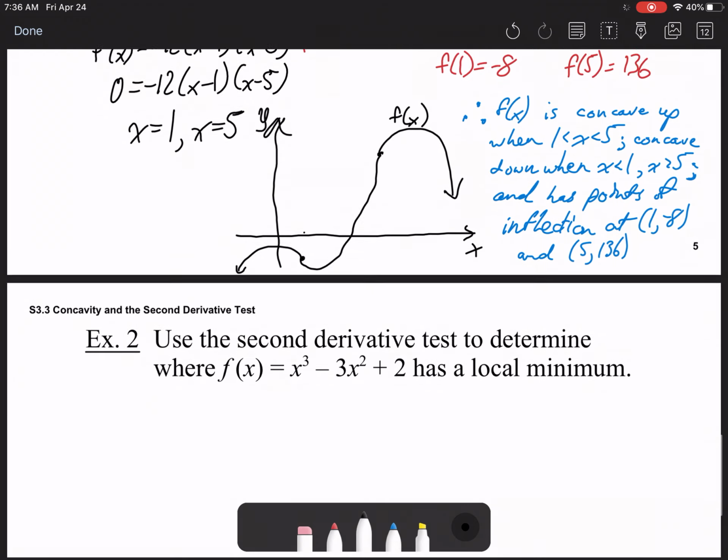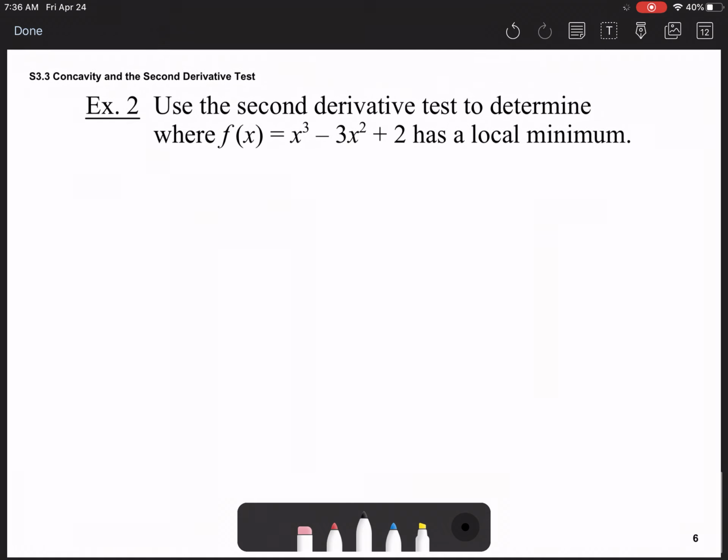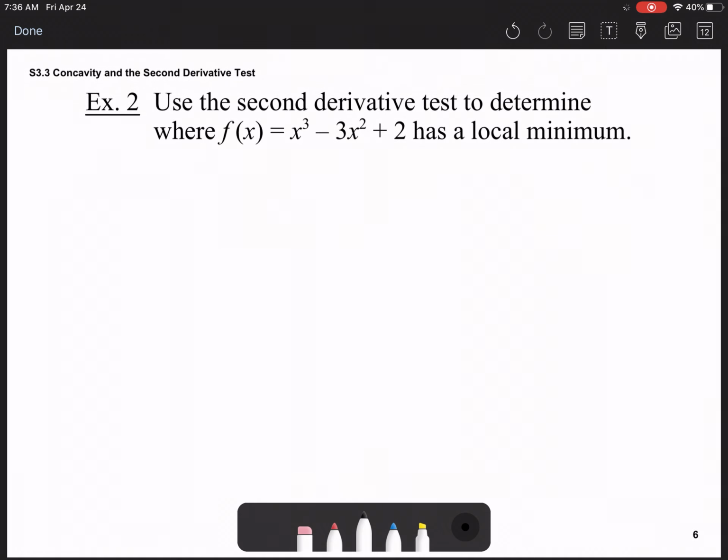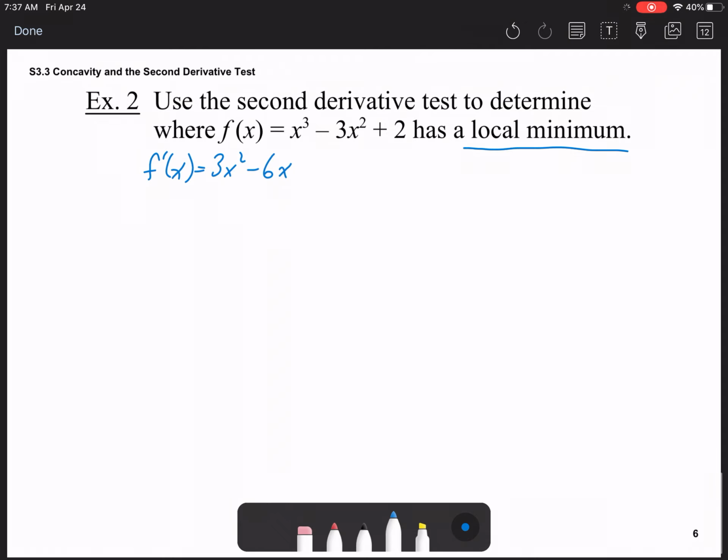Okay, moving right on. Use a second derivative test to determine where f of x has a local minimum. Okay, so first we have to find our first derivative. So the first derivative of this one is 3x squared minus 6x. And because we're looking for local minimums, we're looking for when this is equal to 0.